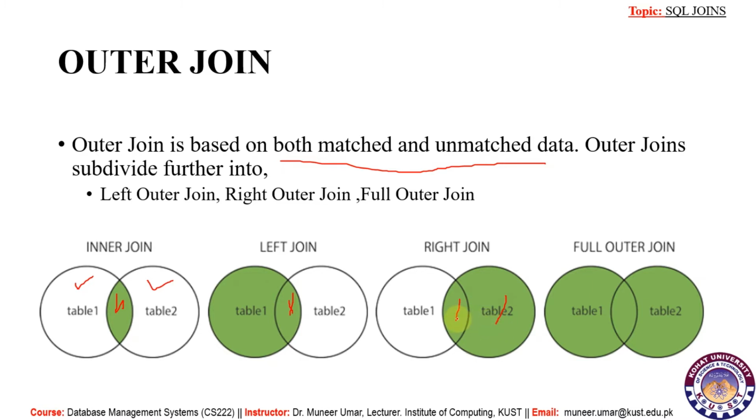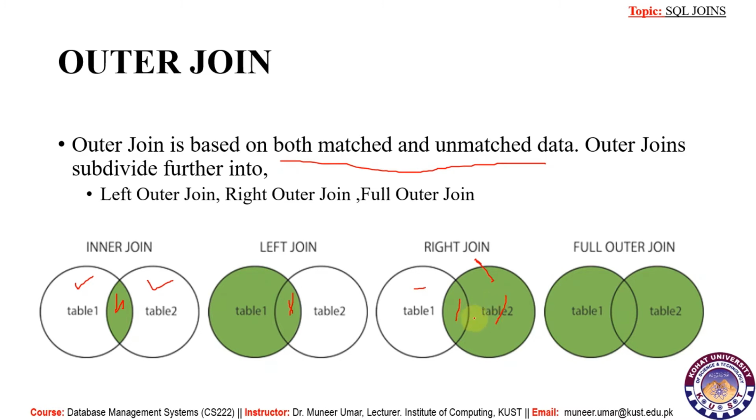For matched data, let's consider again the example of employee info and employee address. Suppose here we have employee info as table 1 and employee address as table 2. So we will get 1, 2, 3. This is matched, and in address there were some other IDs which were not present in employee info. Those were 3, 4, 5.